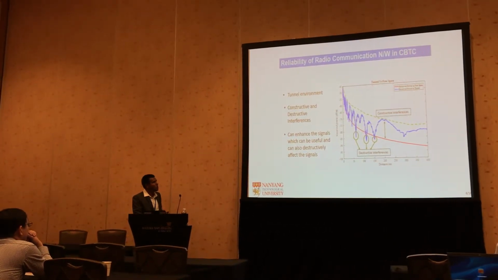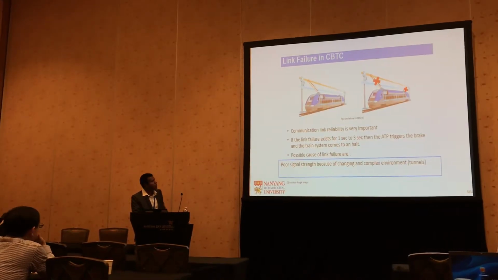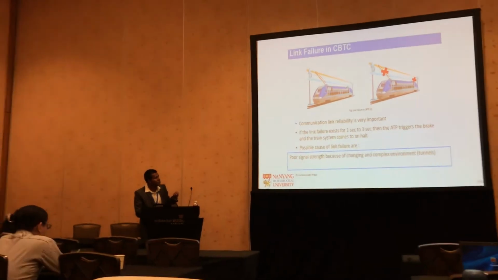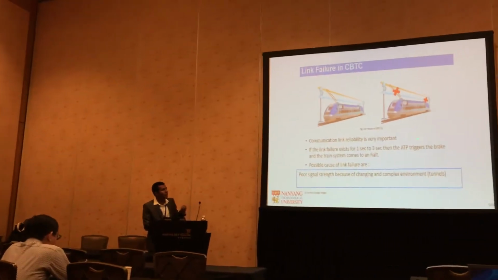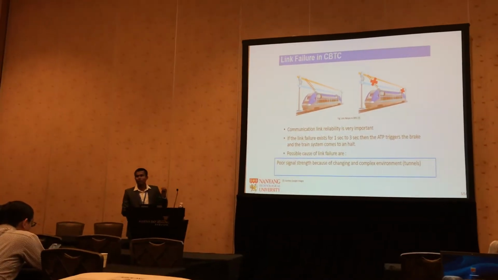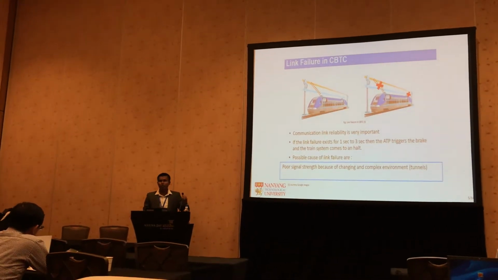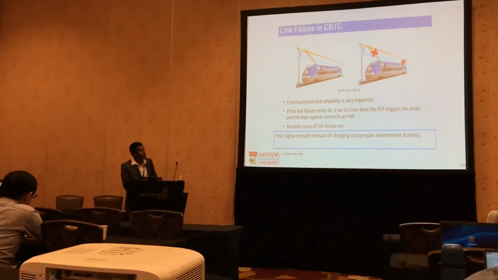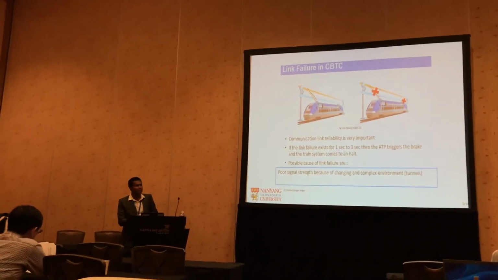The problem is when your train is not getting this communication link for 1 second to 3 seconds, it will give ATP. Automatic train protection system will be triggered on and the train will brake. This is according to CBTC IEEE standards.